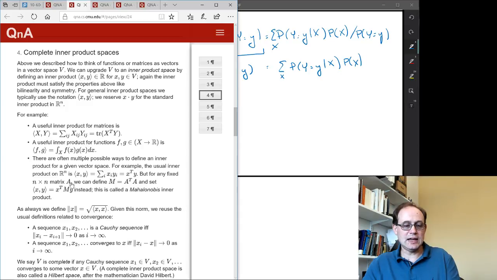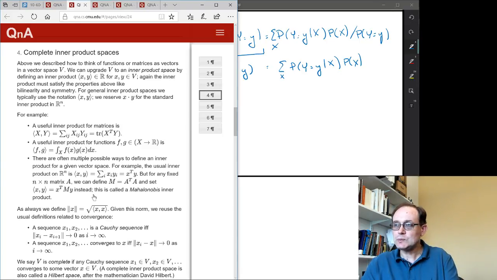But for any fixed matrix A, we can define M equals A transpose A and set our inner product to be x transpose My instead of just x transpose y. And this turns out to be useful. It's called a Mahalanobis inner product. We won't get into why it's useful, but if you're curious, a useful exercise would be to verify that it is in fact a valid inner product.